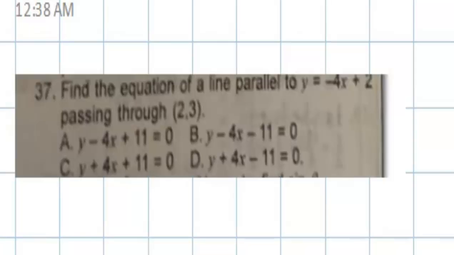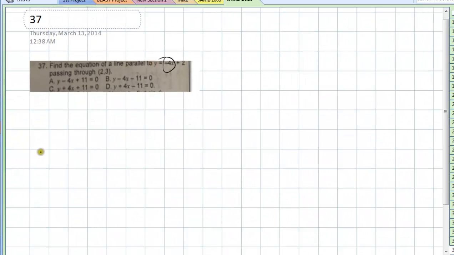Question 37 says, find the equation of a line parallel to y equals negative 4x plus 2 passing through (2, 3). So what we're going to do here is first identify the gradient or the slope. Well, that's negative 4. Then we're going to use the equation that we would use to find that gradient or slope. Remember that it's rise over the run, so y2 minus y1 over x2 minus x1, and that's going to be equal to our gradient.